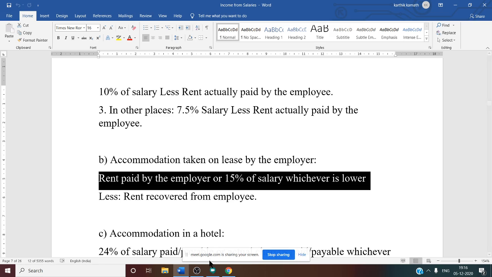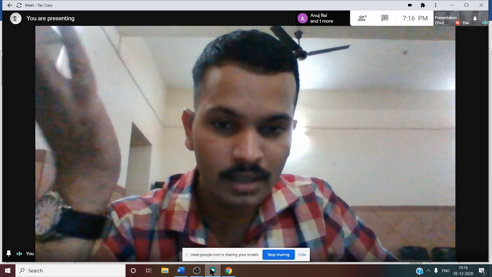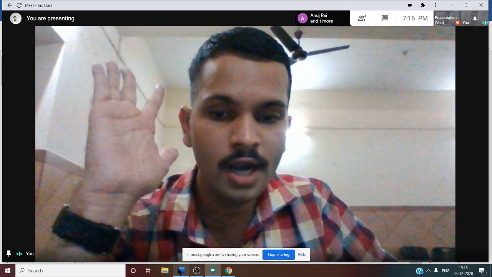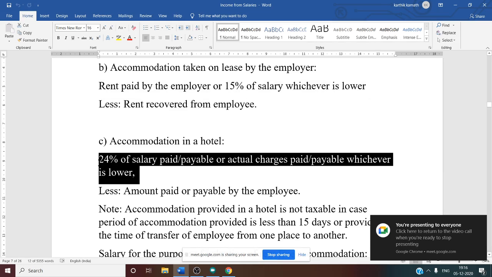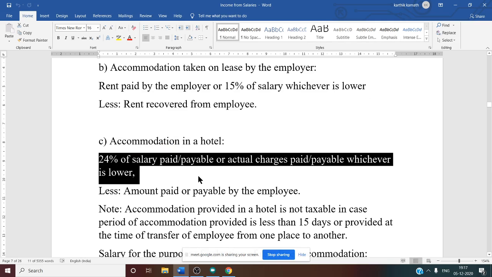This is the rule when the house is not owned by the employer. If accommodation is in a hotel, then 24% of the salary paid or payable, or actual charges paid or payable, whichever is lower, is taken, and whatever amount is collected from the employee, you have to deduct from the value of the perquisite.